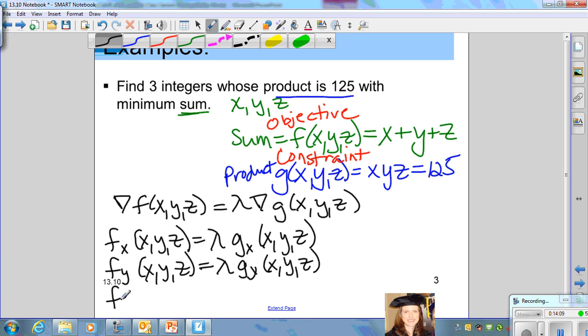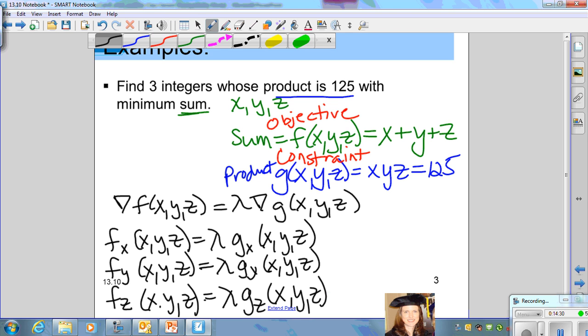And then the partial derivative with respect to z of our f has to equal a multiple of the partial derivative with respect to z of your constraint equation. So we are extending that to a function of 3 variables. The gradients are still going to be parallel.